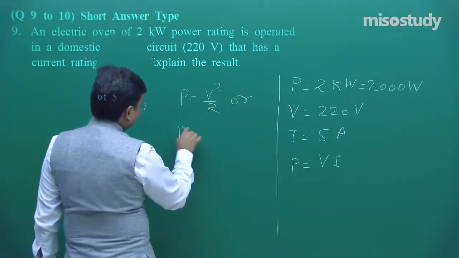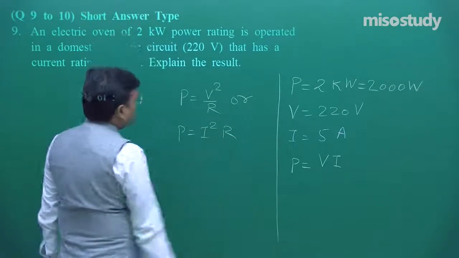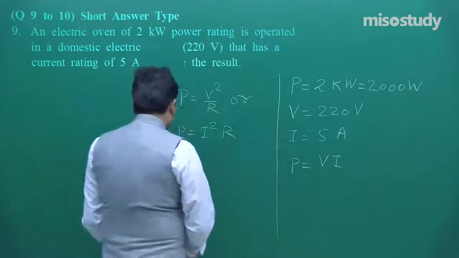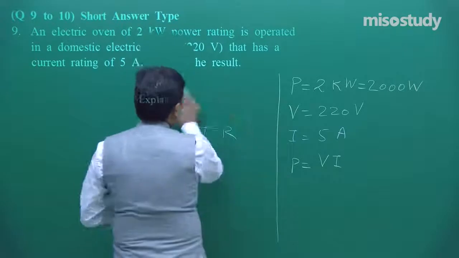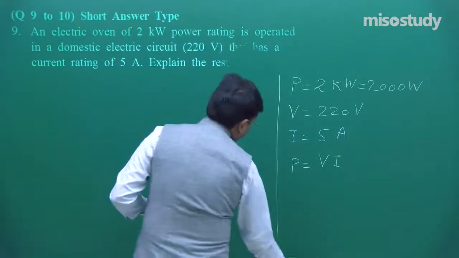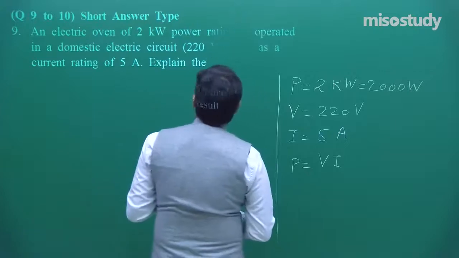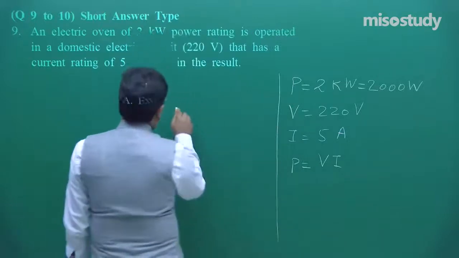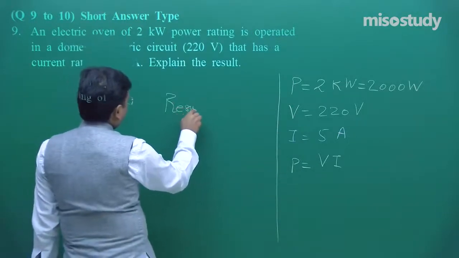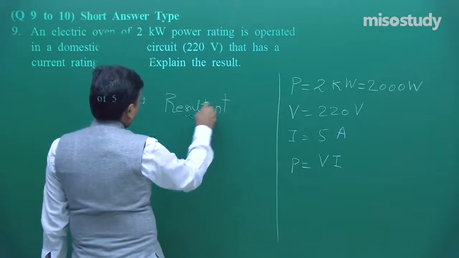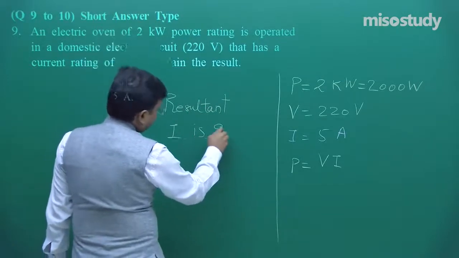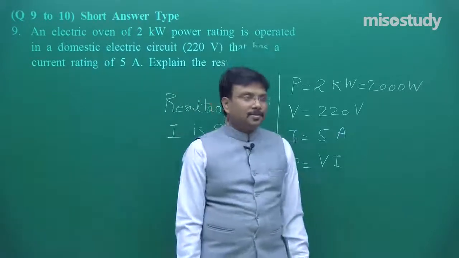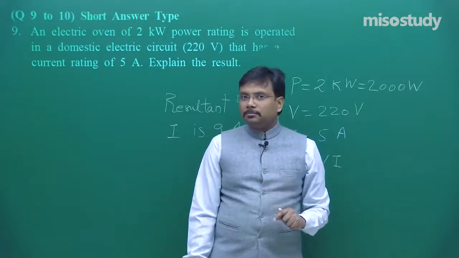Get the value of R, and after getting the value of R, when I use this value, I will get the resultant current. I is 9 ampere.